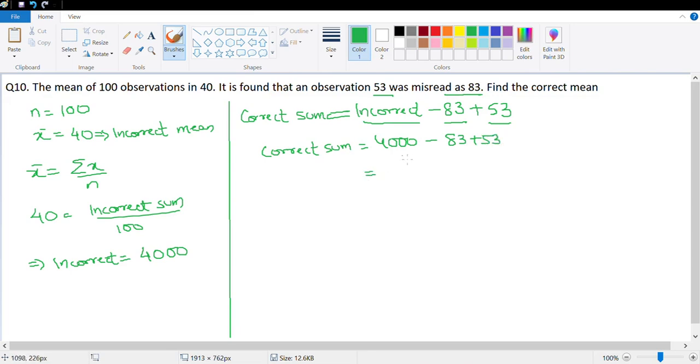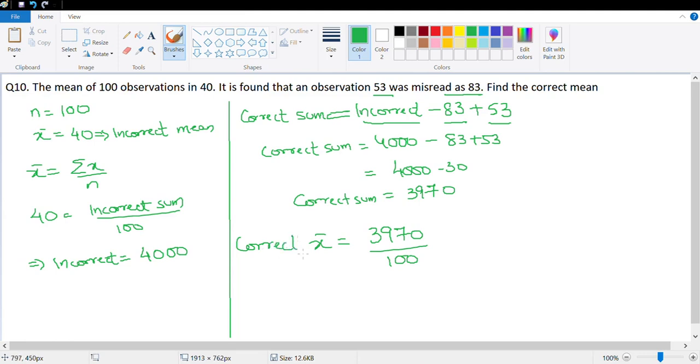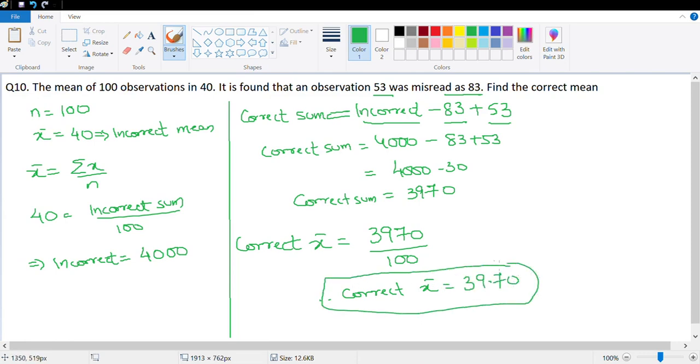So this is basically 4000 minus 30, which is equal to 3970. So that's the correct sum, which means mean will be equal to 3970 upon number of observations, which is 100. So this is the correct mean, which is equal to 39.70. That's what they wanted us to find. Correct mean is 39.70.